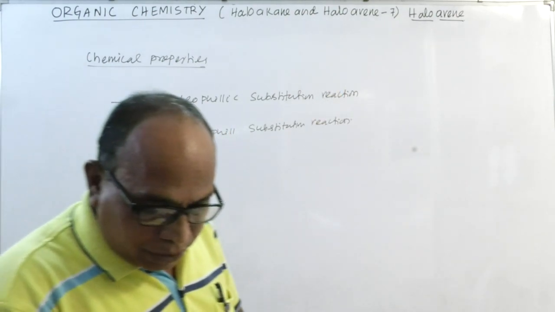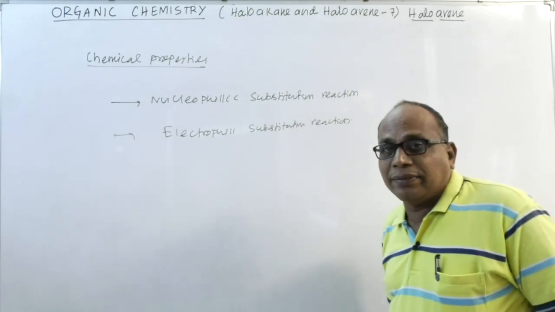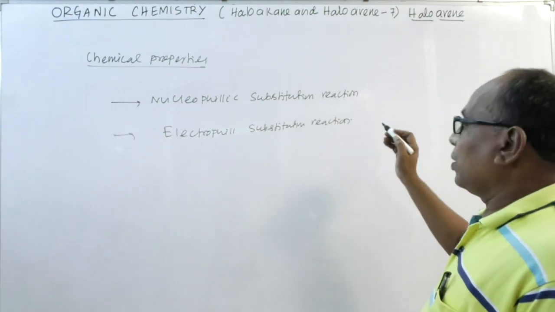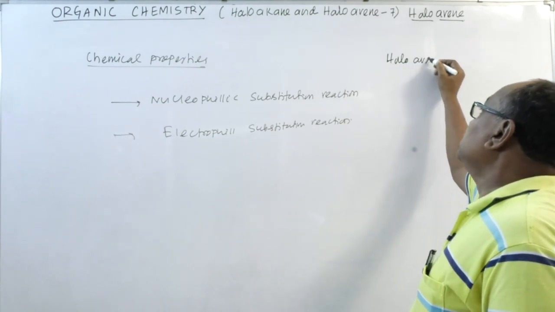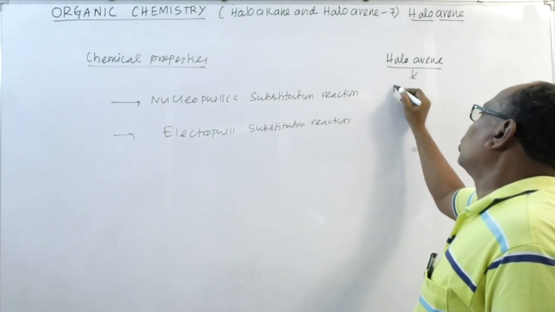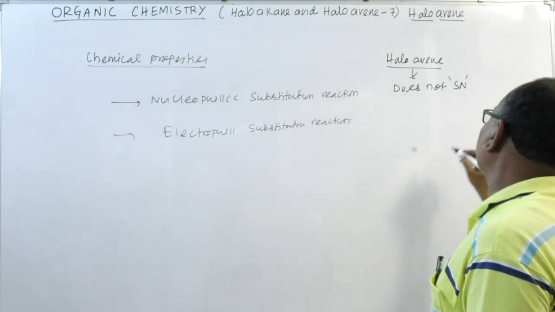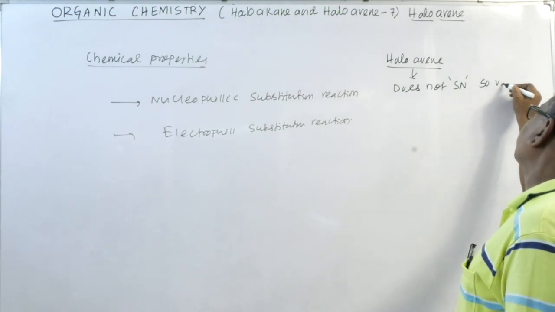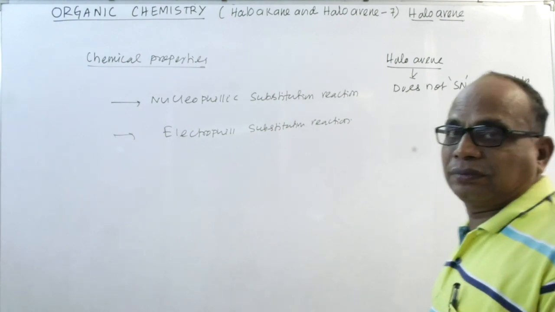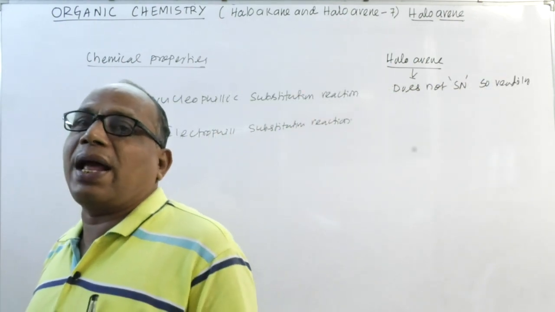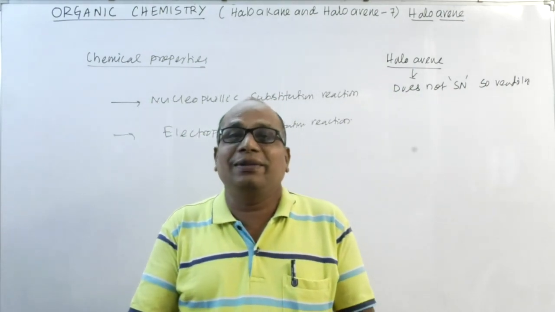What do you mean by nucleophilic substitution? The halogen atom is substituted by a nucleophile. But chlorobenzene or haloarenes do not show nucleophilic substitution reaction so readily. Meaning, like our alkyl halide, the halogen atom is not substituted so easily.